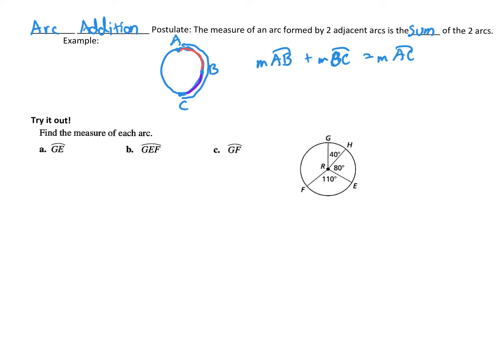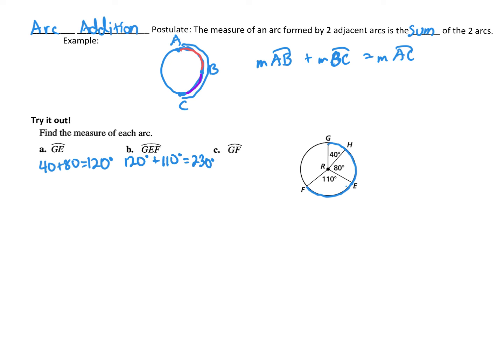First, let's try GE. GE is this distance here, and it's 40 plus 80. That gives us 120 degrees. GEF, well, I just found GE. GEF is 120 plus the 110, this other part here, that gives me 230 degrees.